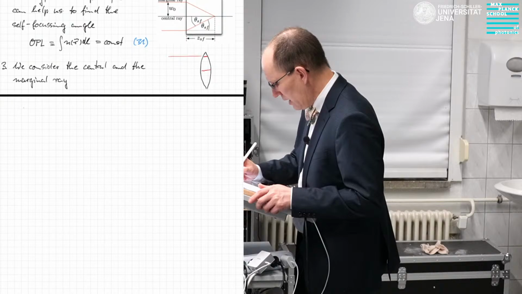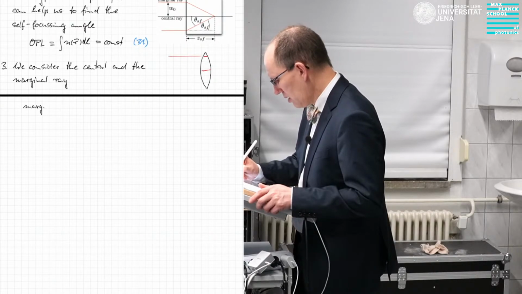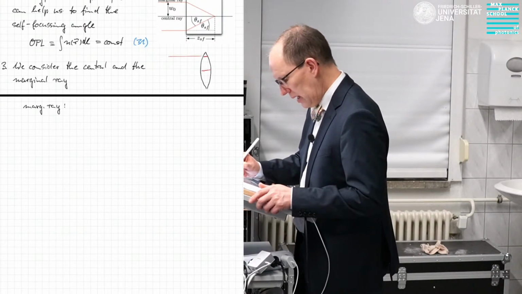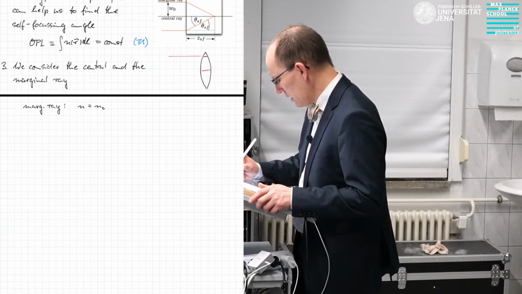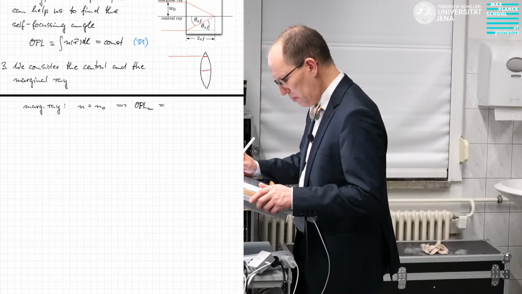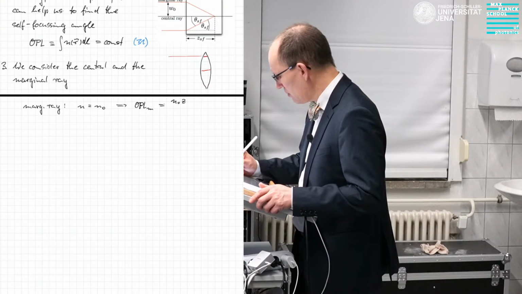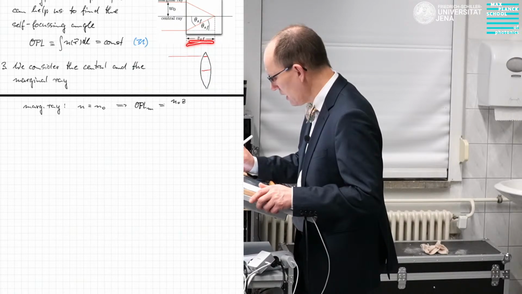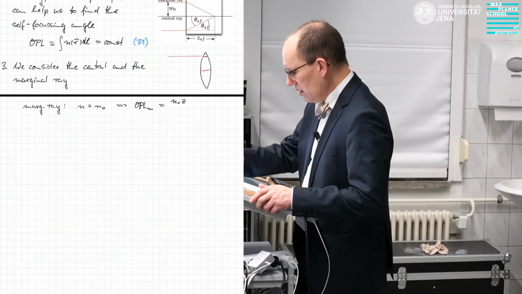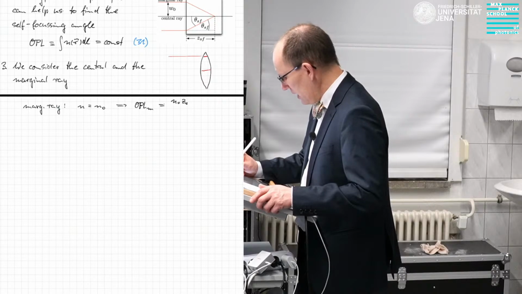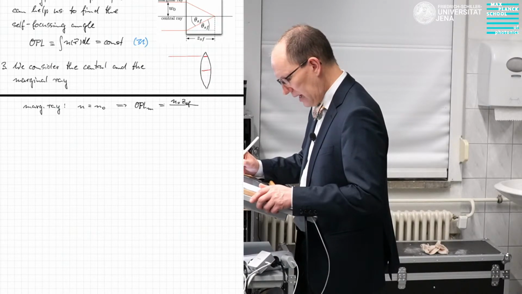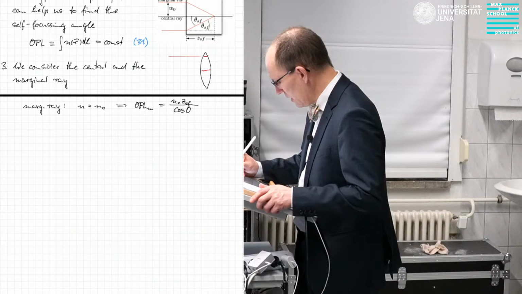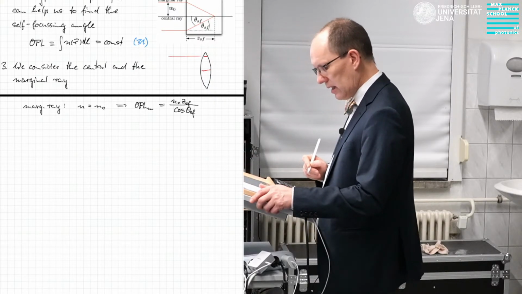For the marginal ray, n is just n0, and this leads to an optical path length given by n0 times the self-focusing length, z_SF, divided by the cosine of the self-focusing angle.